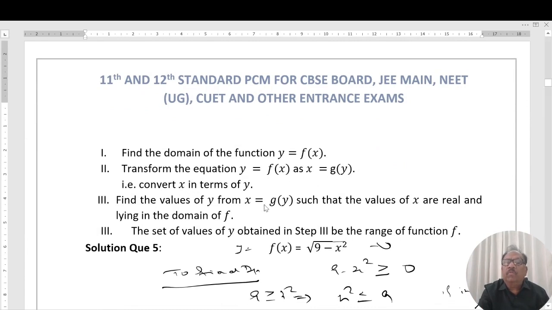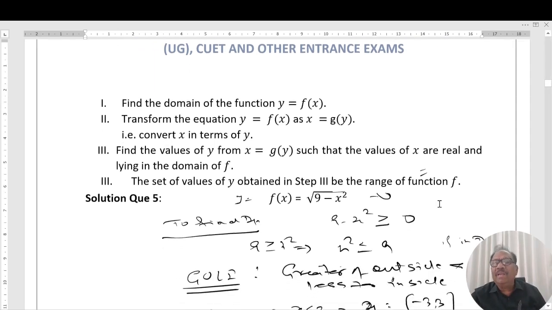Find the values of y from g(x,y) such that the values of x are real, and the set of values of y obtained gives the range of the function. Means y equal to f(x) is given, find x equal to f(y), find the domain of x equal to f(y). After finding the domain, conclude the answer by common sense and take into consideration the initial domain. Then the answer will be correct, right?